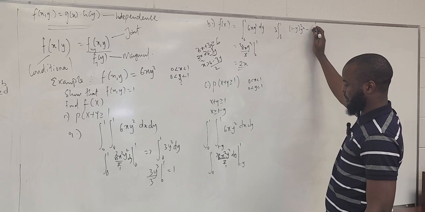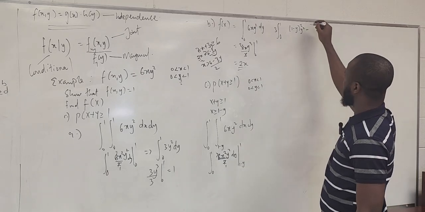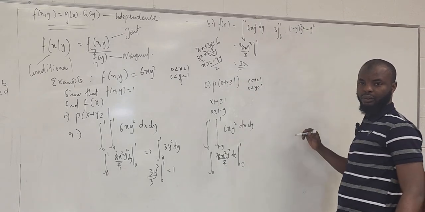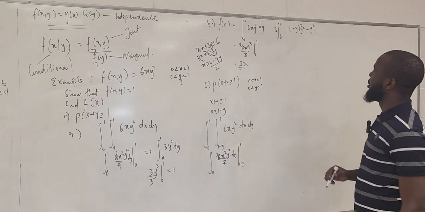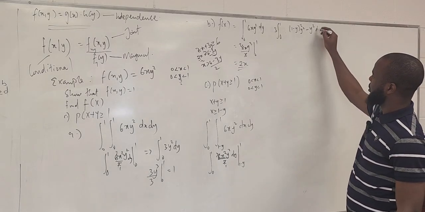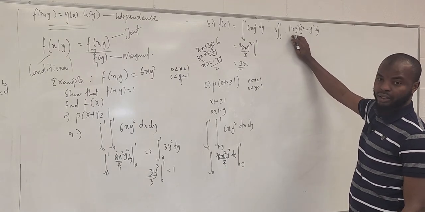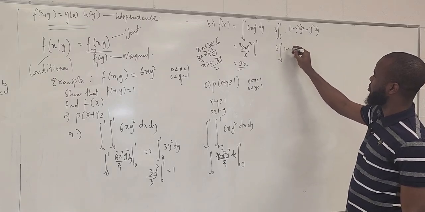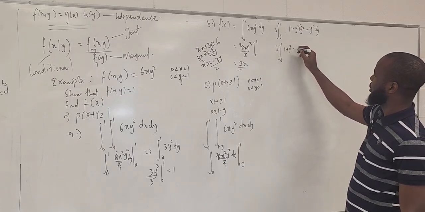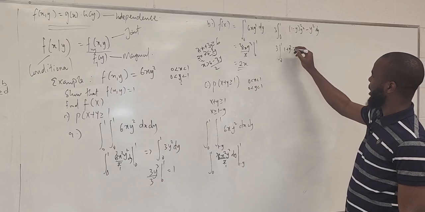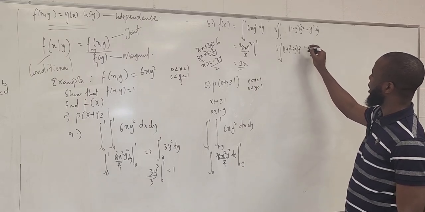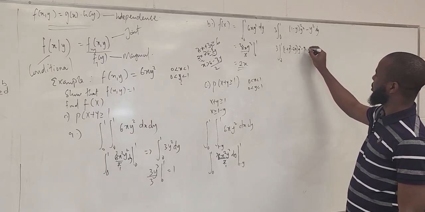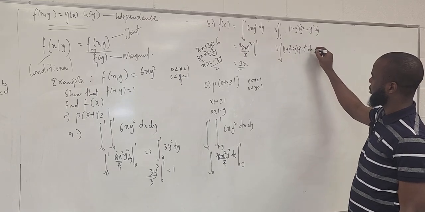Minus y squared, dy. Let's break this down. So here we have 1 plus y squared minus 2y squared minus y squared, dy.